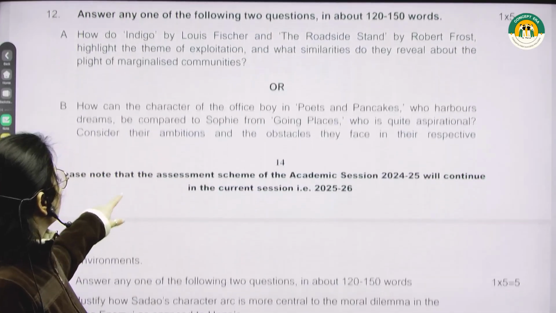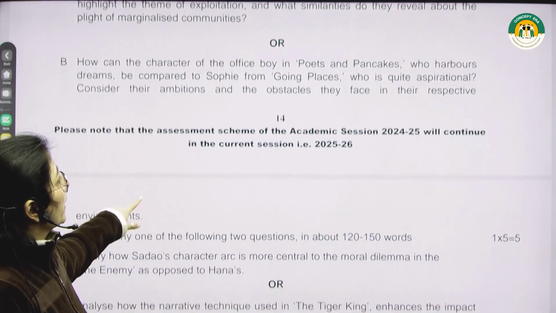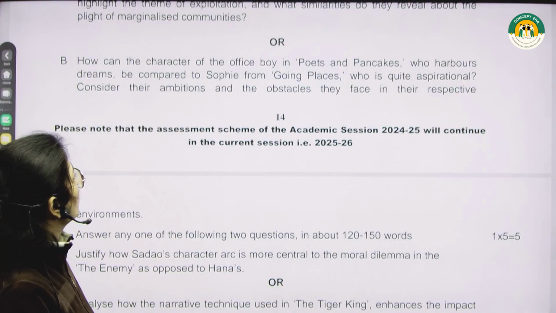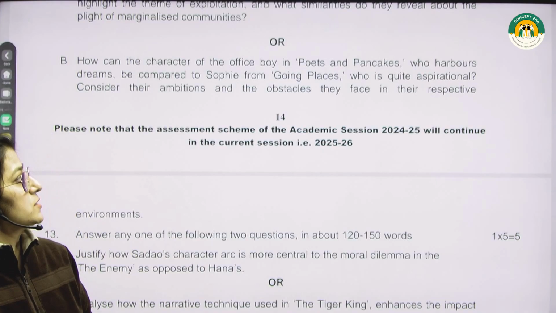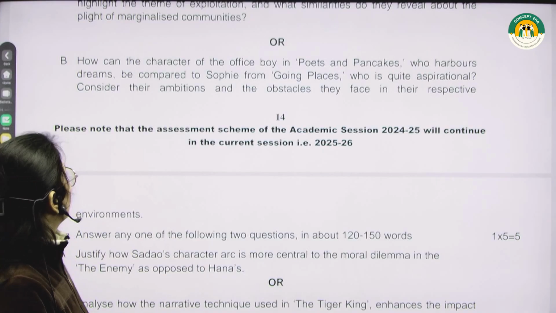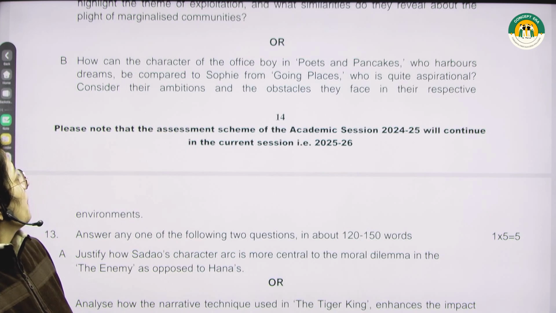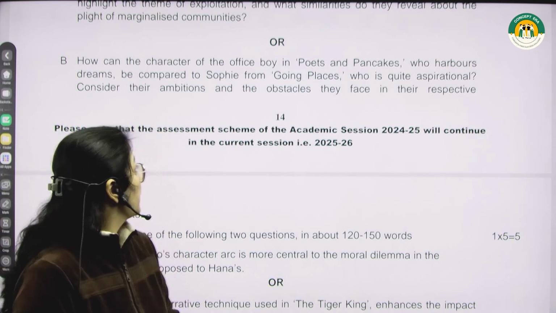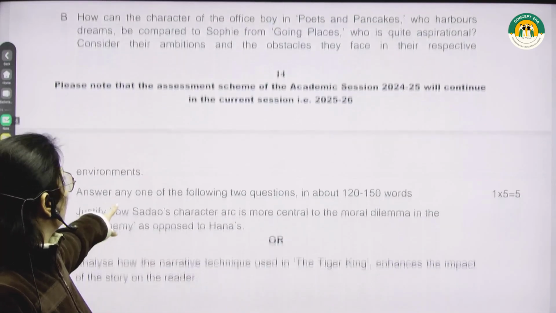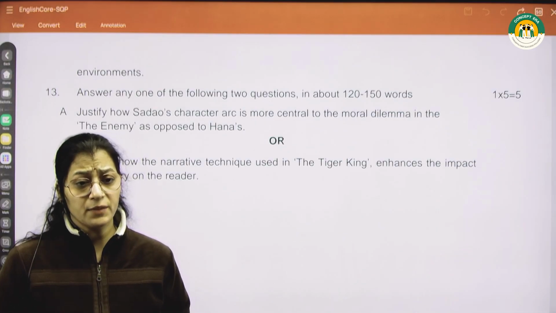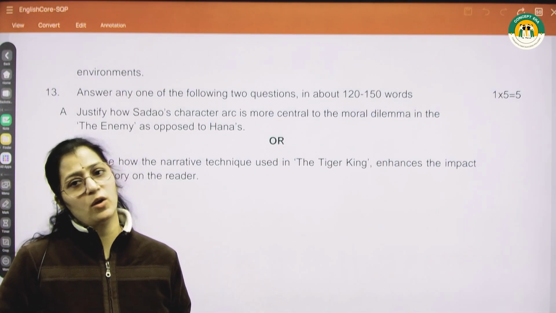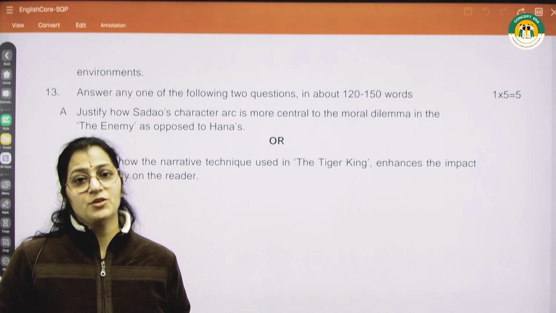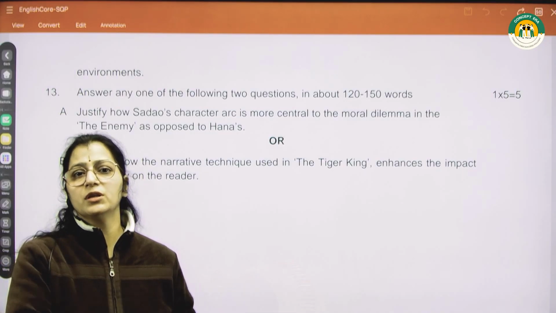Okay, how can the character of the office boy in Poets and Pancakes, who honors dreams, be compared to Sophie from Going Places, who is quite aspirational? Consider their ambition and the obstacles they face in their respective environments. Get out of the dilemma that he should save the enemy, or he should hand him over to the police.